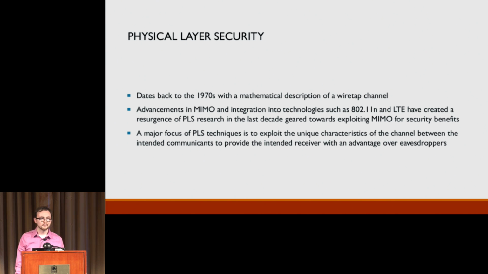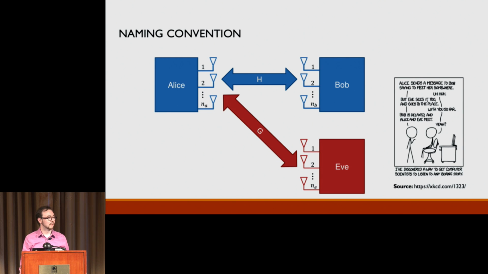And the idea behind a lot of the new research is some kind of collaborative effort between your intended transmitter and receiver that uses their shared channel. And so having a MIMO channel allows you to have more variables to play with.